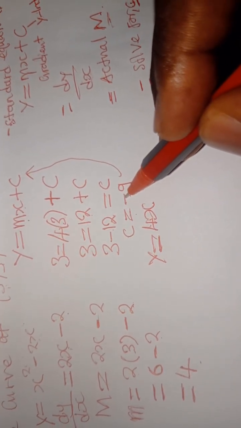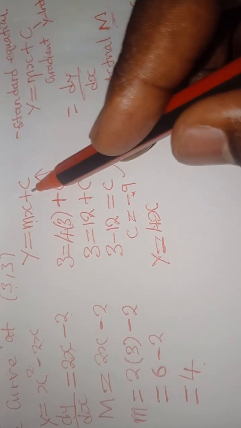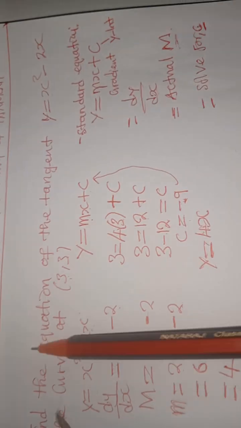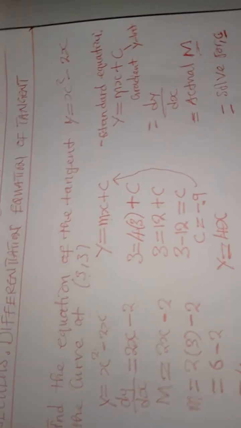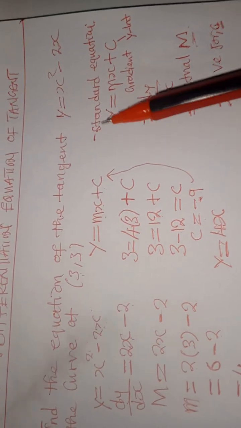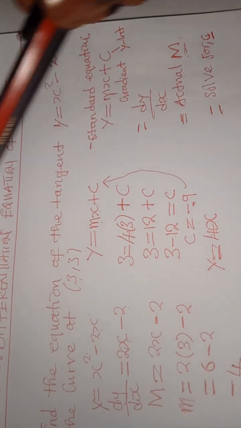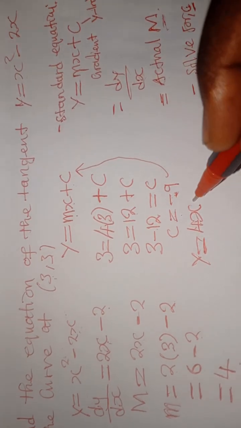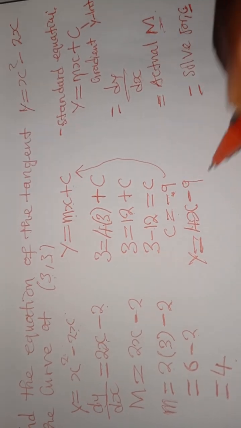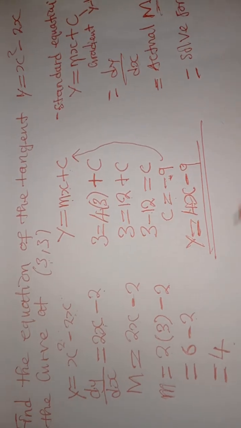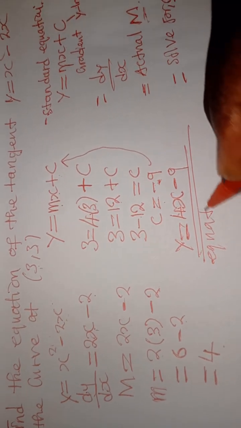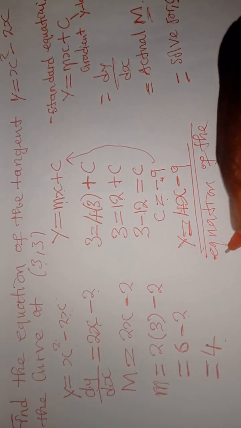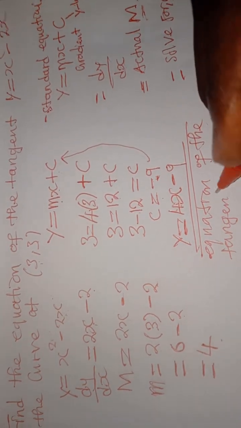So we will insert negative times positive on the formula, that will give us a negative, which will be negative 9 in short. So this is the equation of the tangent to the curve.